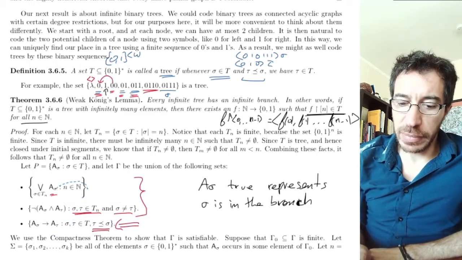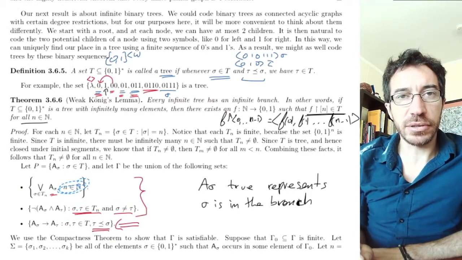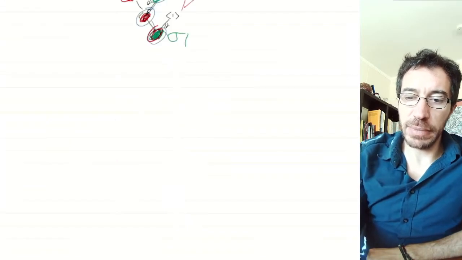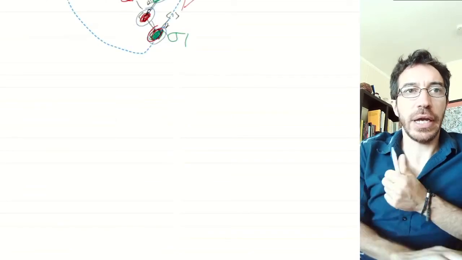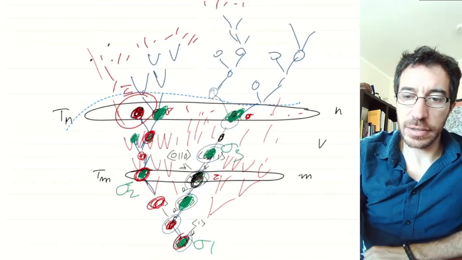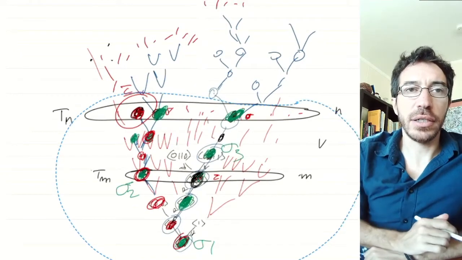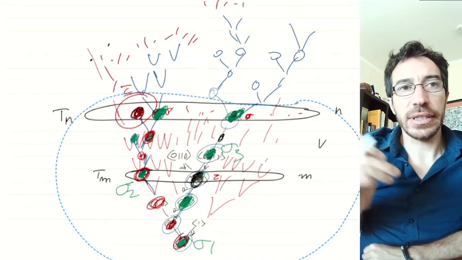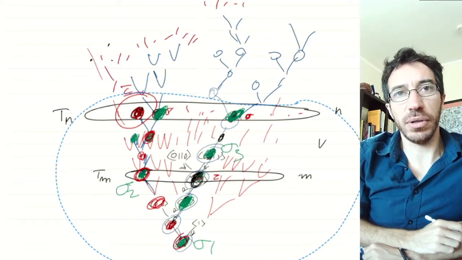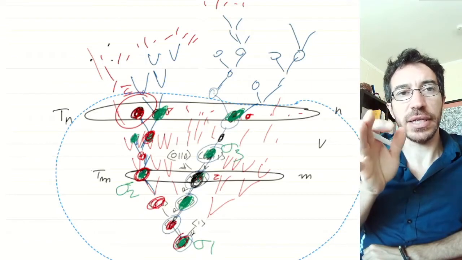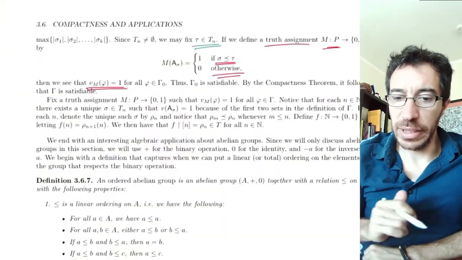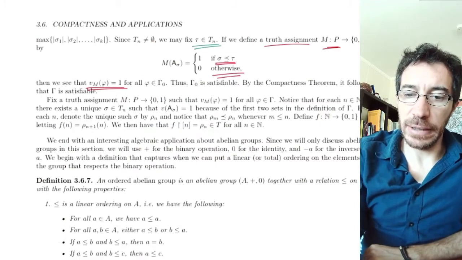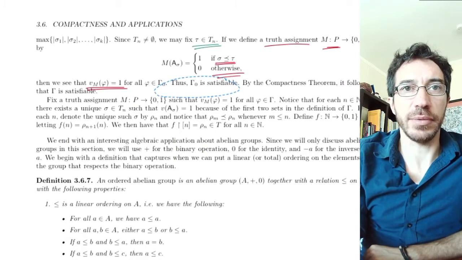But for the n's that show up in gamma 0, this is true, because gamma 0 only mentions n's below this n. So the fact that we are not looking at the tree above it doesn't matter. Okay, so for gamma 0, for the finite set, all the formulas become true, not for all of gamma, but for gamma 0. So we get that gamma 0 is satisfiable.